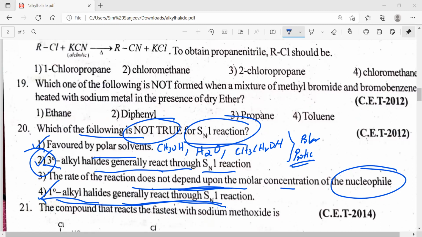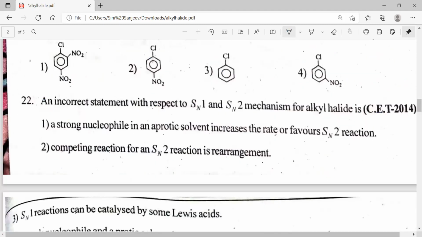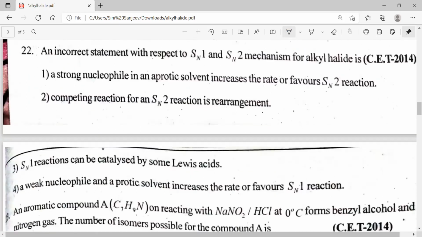Clear? Yes. One more thing. An incorrect statement with respect to SN1 and SN2 mechanism for alkyl halide is which one? So you look for the incorrect statement. Option 2, competing reaction for an SN2 reaction is rearrangement.